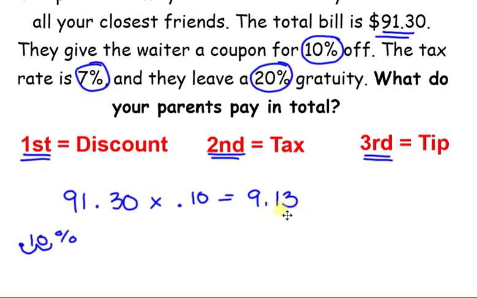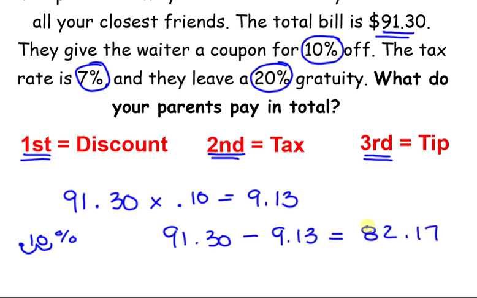That's how much your discount is, okay? So 91.30 minus 9.13. Go ahead and calculate that. You should get 82.17. So that's your total bill with the discount.